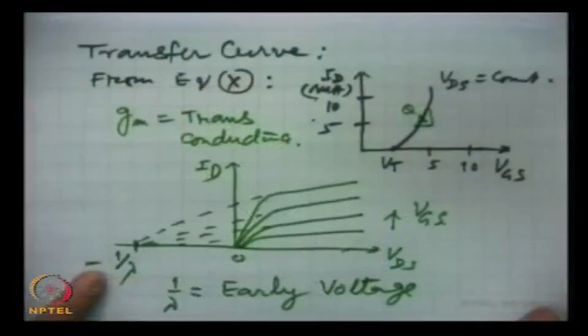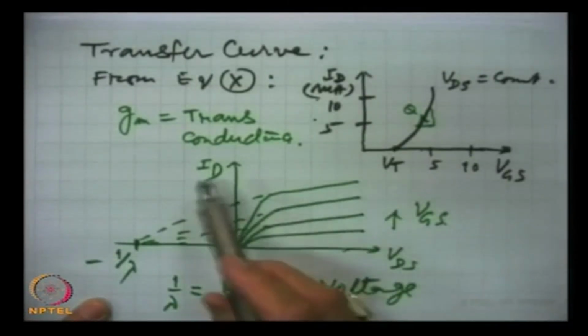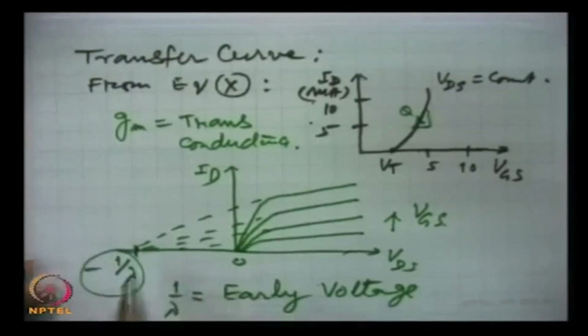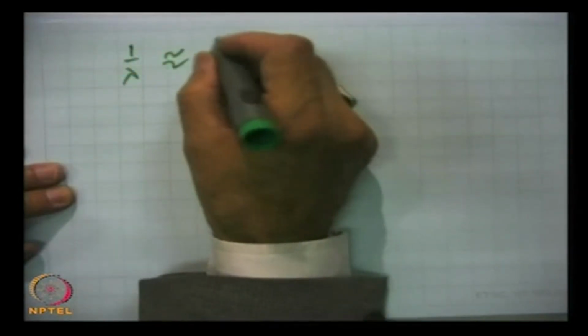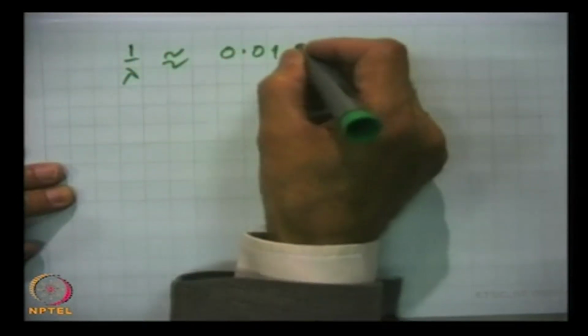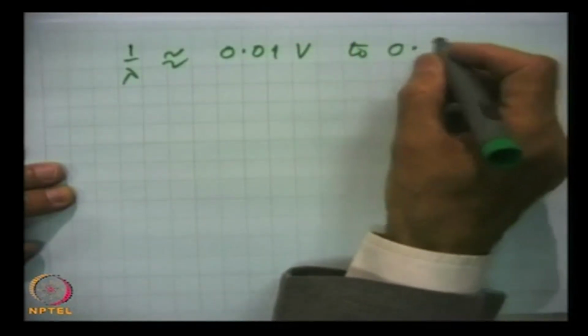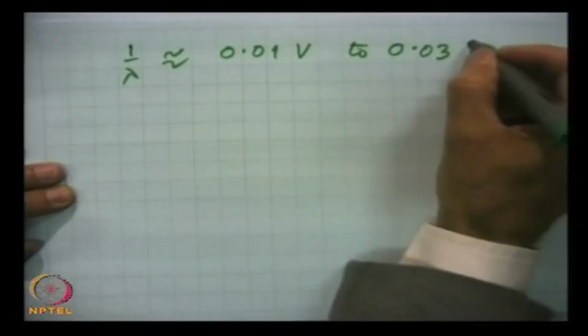So, when we take into account this weak dependence of drain current on VDS, this parameter can be taken, and the Early voltage 1 by lambda is of the order of 0.01 to 0.03 volts.